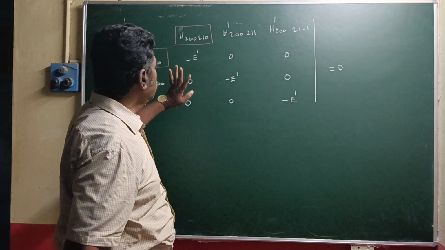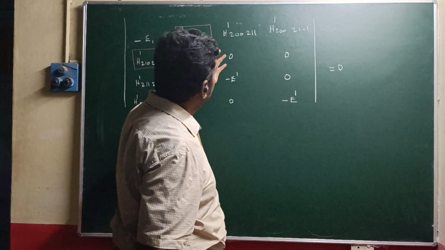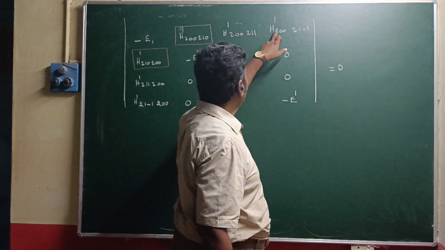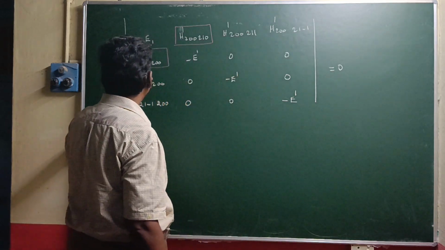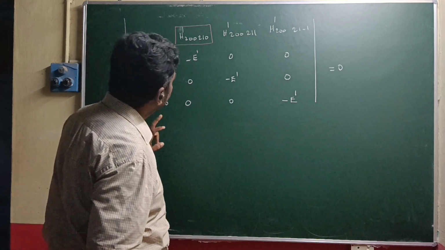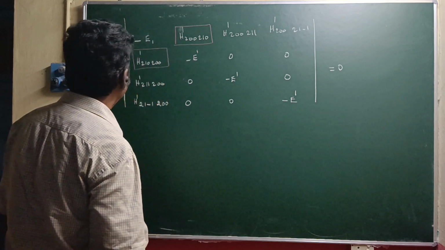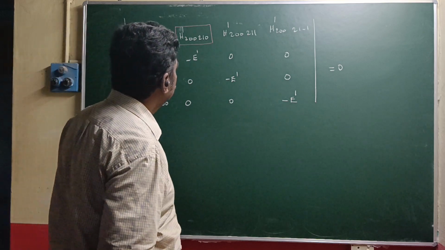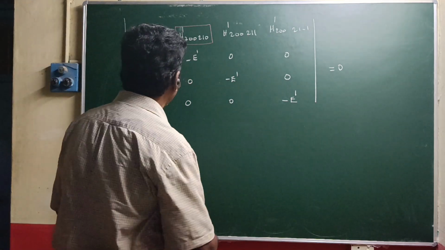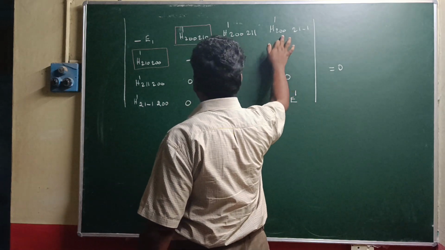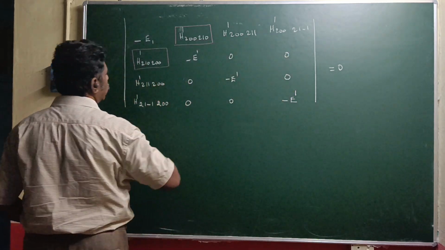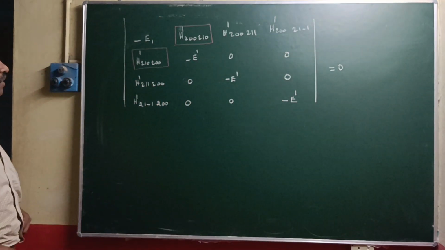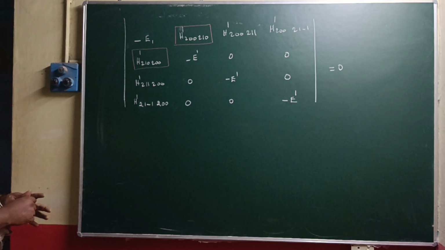Only these two terms are retained. All other terms, 1, 2, 3, 4, these 4 terms are to be vanished. Now you have to prove this.